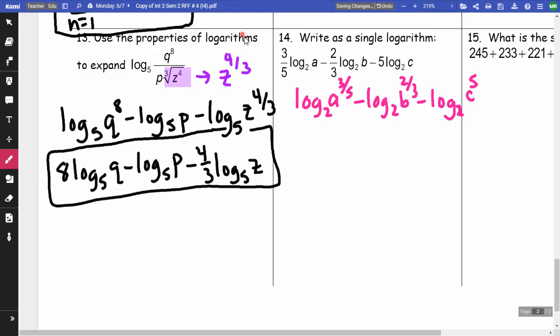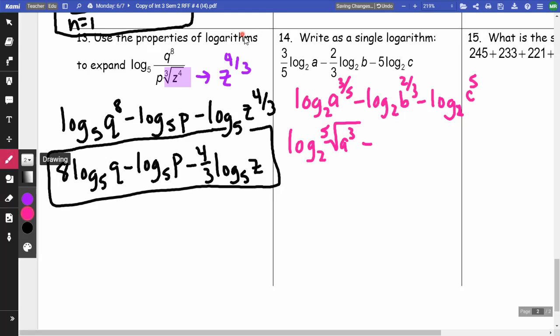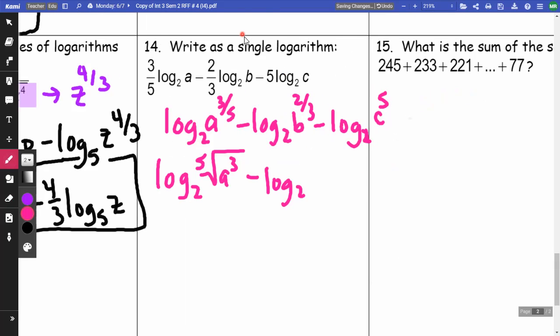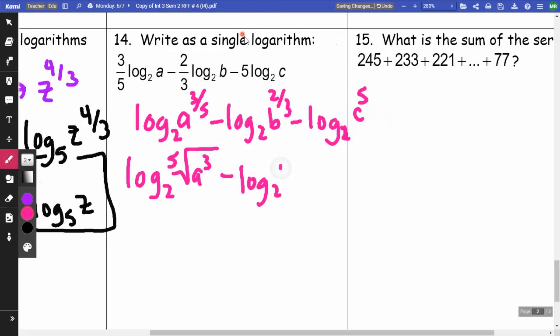So a to the 3/5, I can really rewrite as log base 2 of the 5th root of a cubed, minus log base 2 of the cube root of b squared, minus log base 2 of c to the 5th.